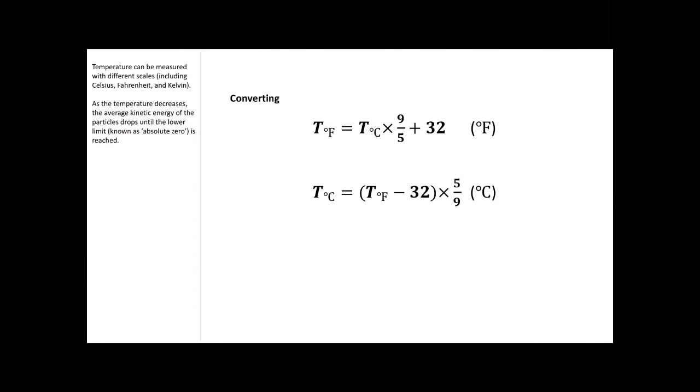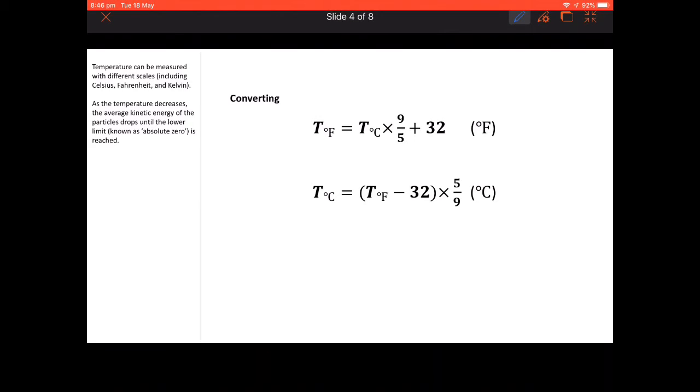So to convert between the two, we've got two rules here that we can use. So the top rule is for converting from Celsius to Fahrenheit. What you do is you multiply the temperature in Celsius by 9/5 and then add 32.